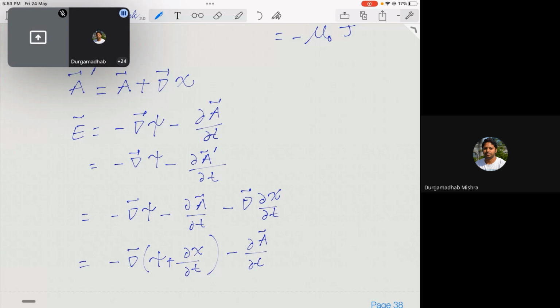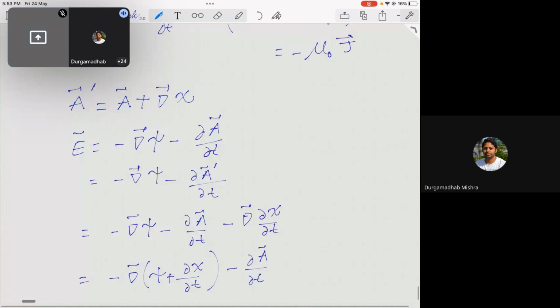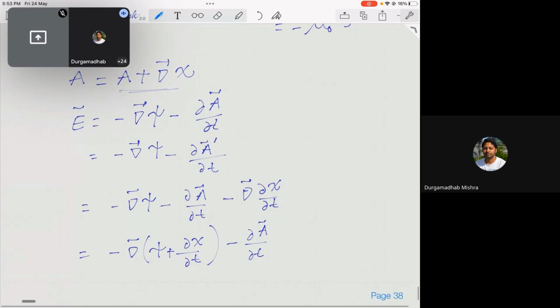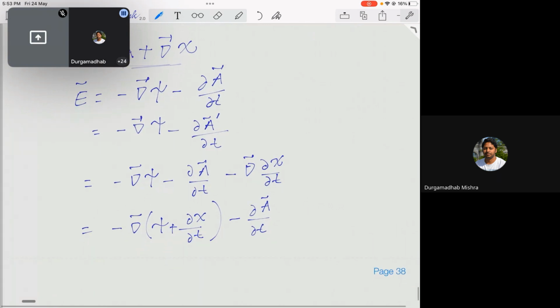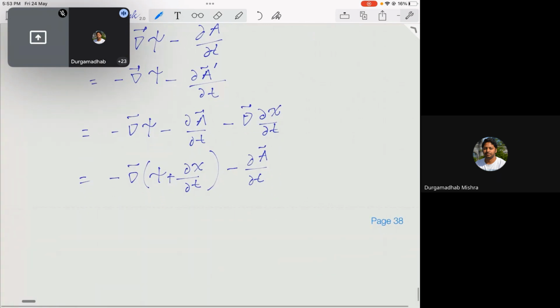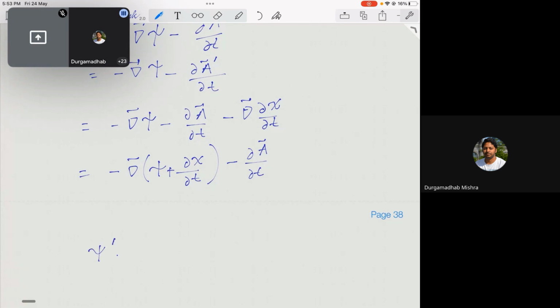Okay, so what this shows is that by changing the vector potential by this term, I also need to change the scalar potential as well. So the new scalar potential I am defining as psi plus del chi by del T. So changing the vector potential also affects the scalar potential in electrodynamics. This is what this exercise tells us.